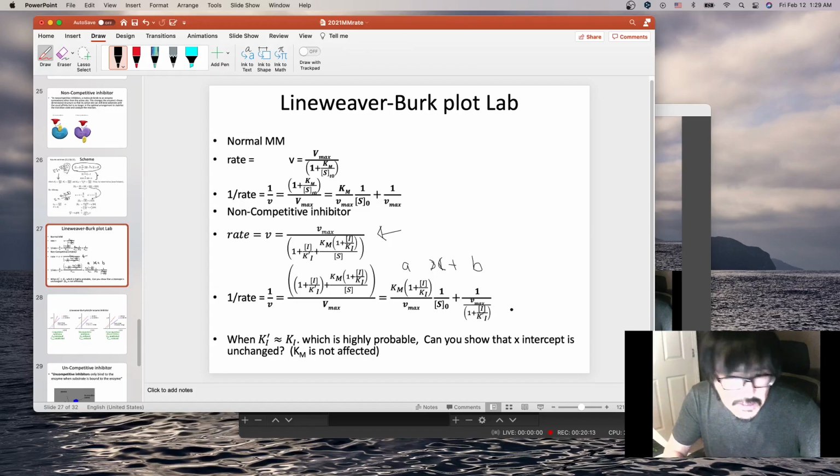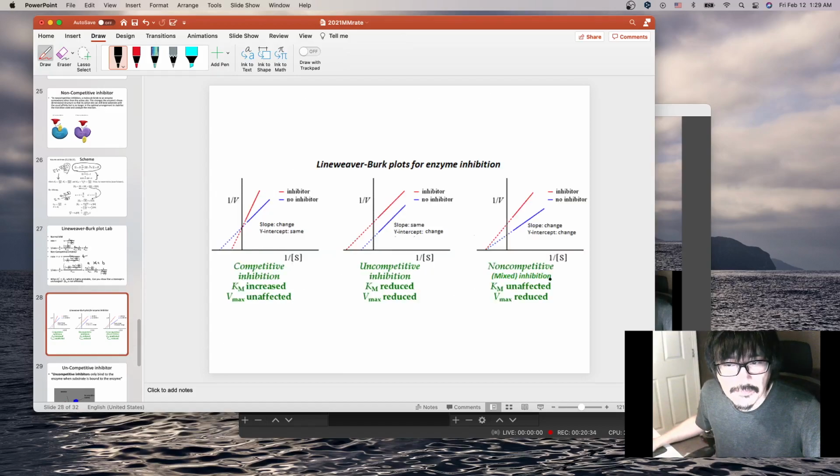The division of the division, you can actually put it in the top, right? And then that's bigger than 1. So what it means is that when you put x to be 0, then that value right here should be higher than this guy, right? So let me just check. For the non-competitive inhibitors, the y-intercept is going to be higher than the original one. The original one is right here, right? Higher.